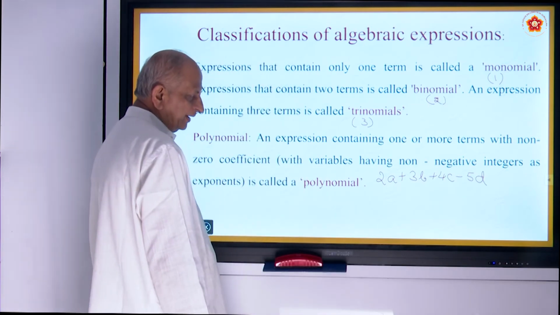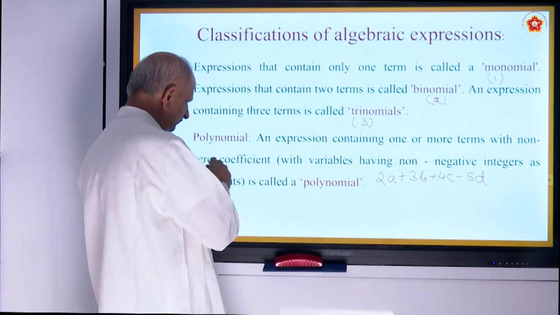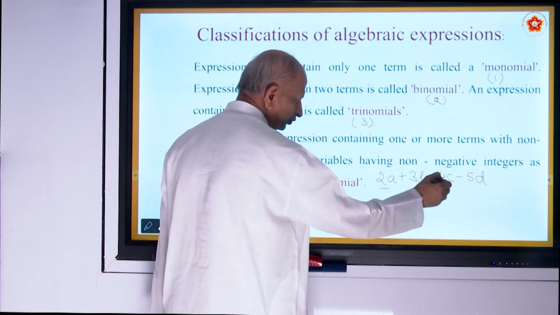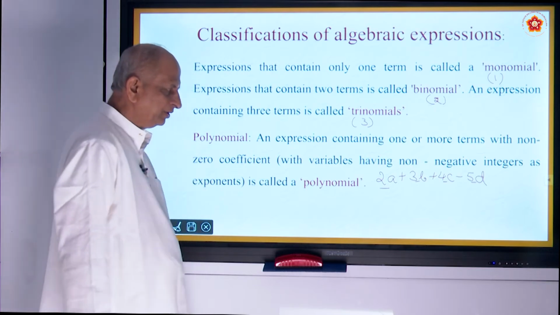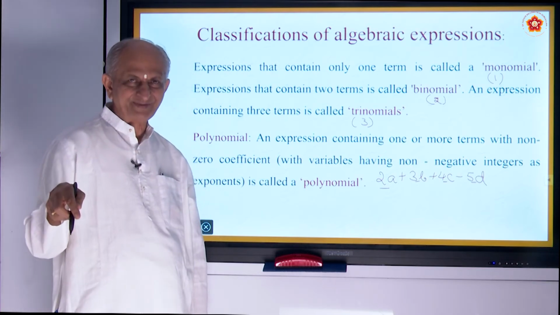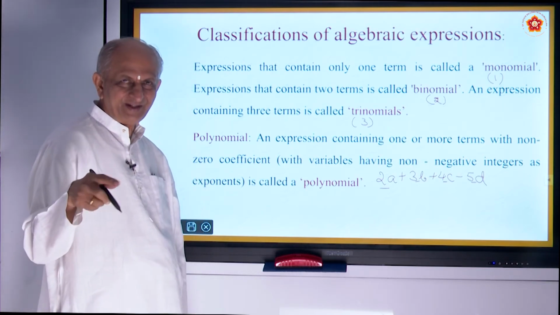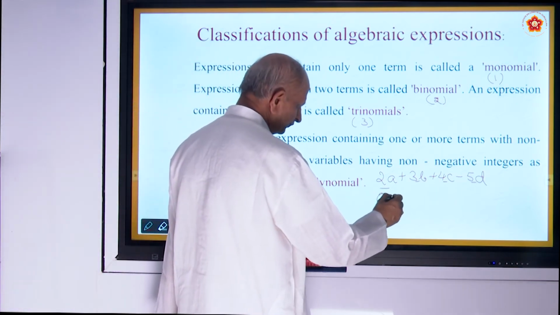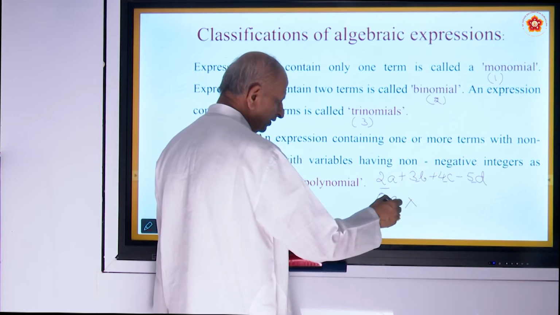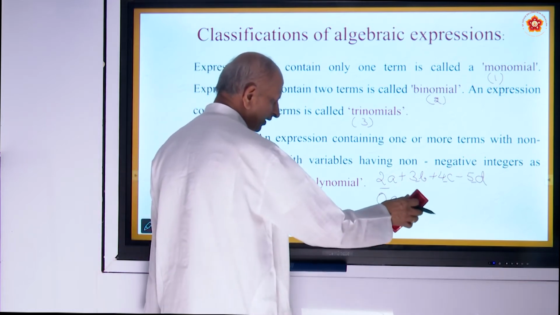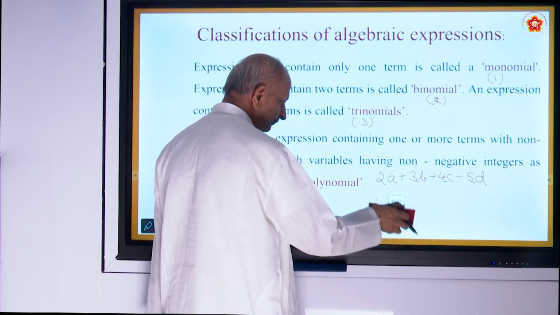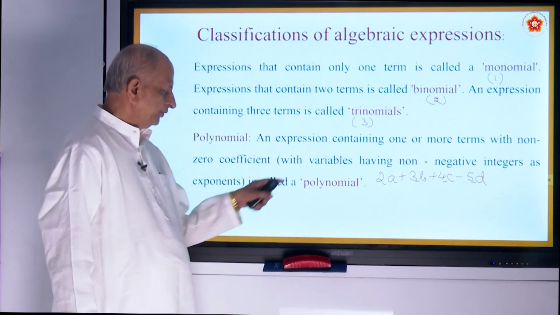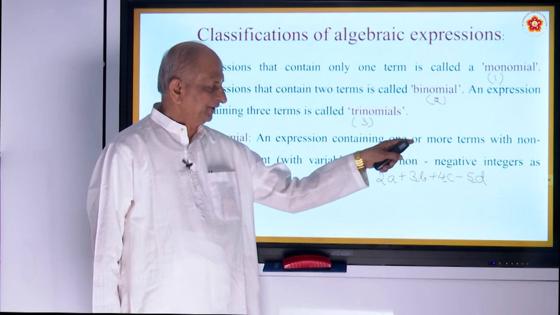It's called polynomial because it should have non-zero coefficients. Here it is all non-zero: 2, 3, 4, 5, etc. Suppose you have a zero coefficient, what happens? The term becomes 0, correct? Suppose you write 0a. 0a means what? It is 0 only, no meaning. So it should be a non-zero coefficient, with variables having non-negative integers.